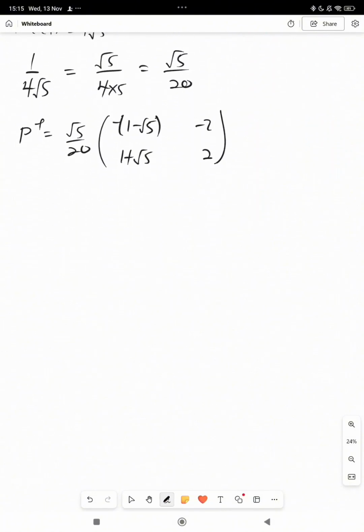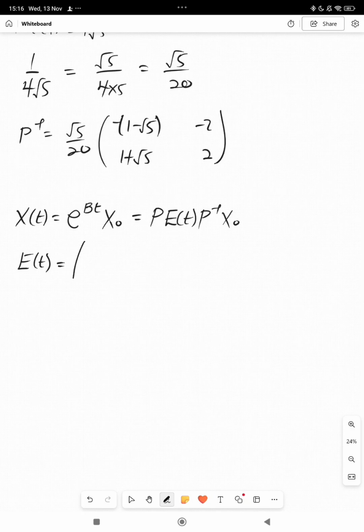Now we recall that our solution is given by x of t equals e raised to the power of the matrix A t times x naught, which is simplified to be P e of t P inverse x naught. Our e of t is given by the exponential of the diagonal.